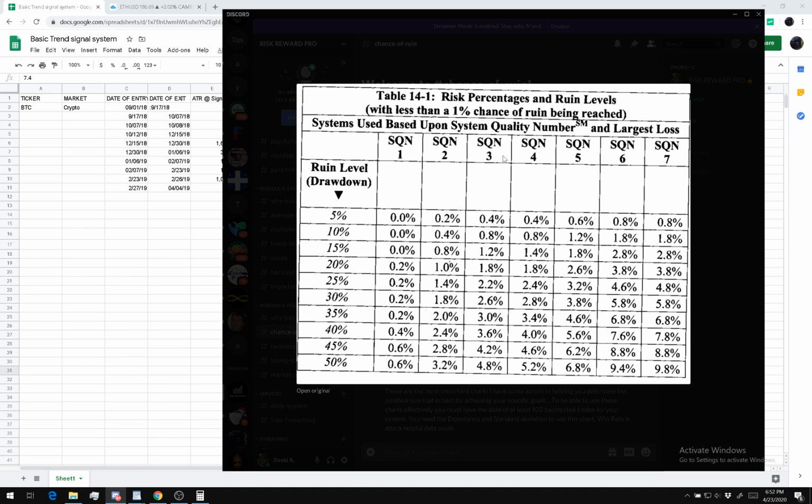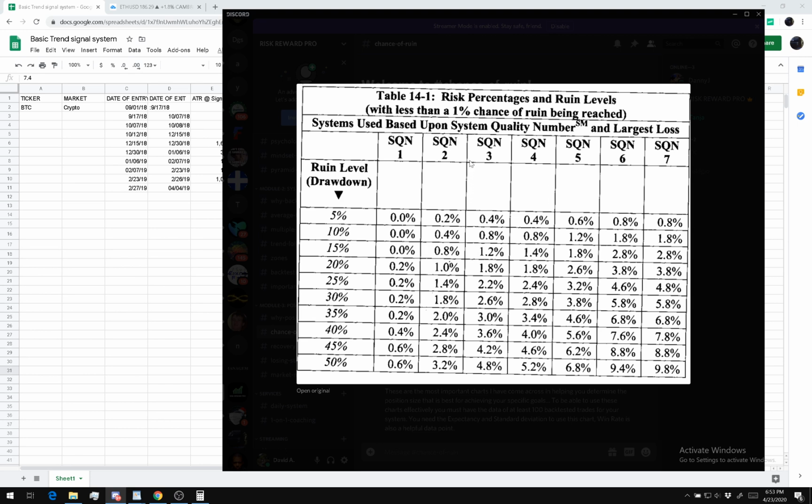So if you create a system and you get an SQN score of 3, be very happy with that. 1 and 2 are probably not systems you want to trade. If you backtest a system and you get a 2 or a 1, you're going to want to continue working on your rules to get that higher. 6s and 7s don't really exist. 5 is probably the absolute max that you're ever going to get, reasonably.